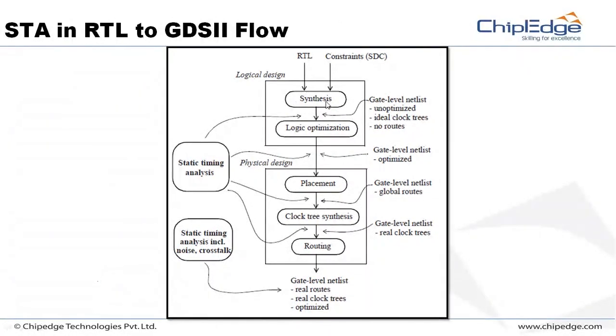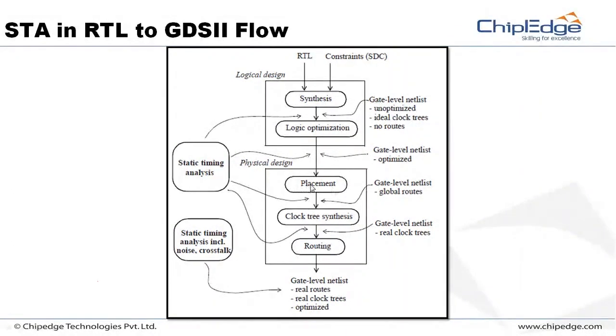Then this gate level netlist will be obtained. They do some optimization. They will try to shrink the size of the gates, not the logic, to get the same output but with fewer gates. Then also we will check the timing analysis. Then once the synthesis is done, it goes to the physical design flow.